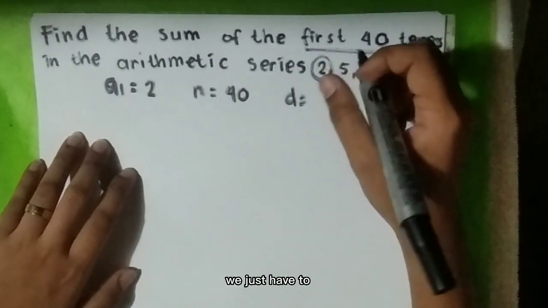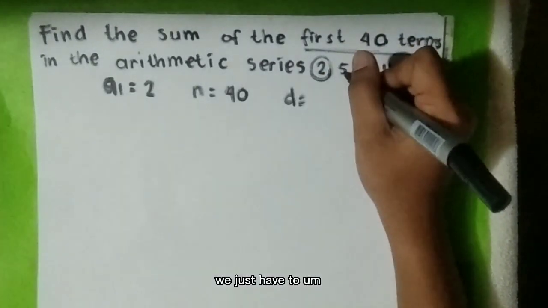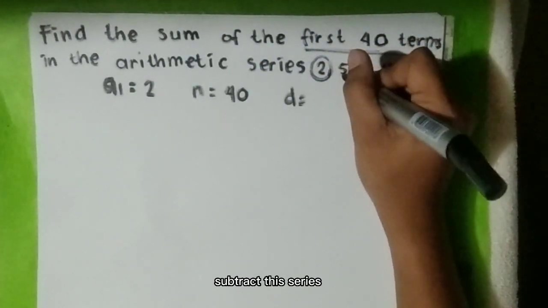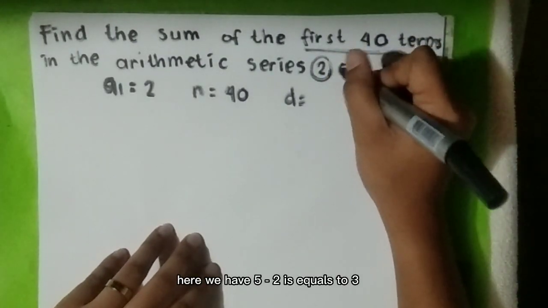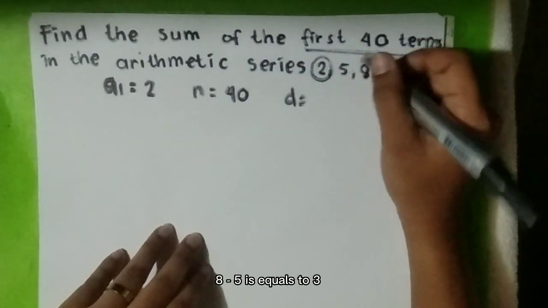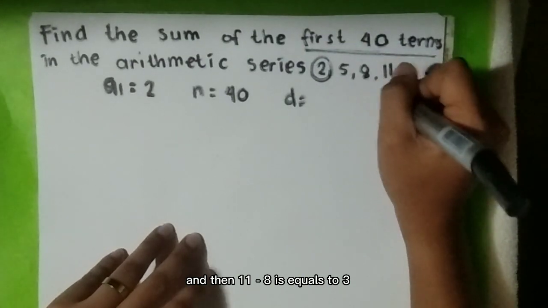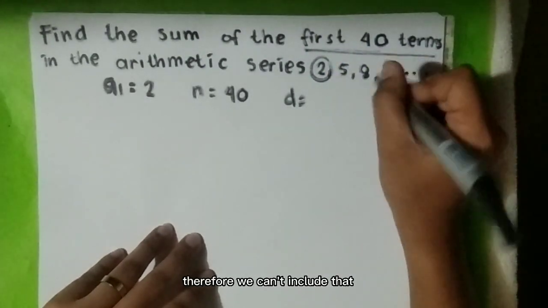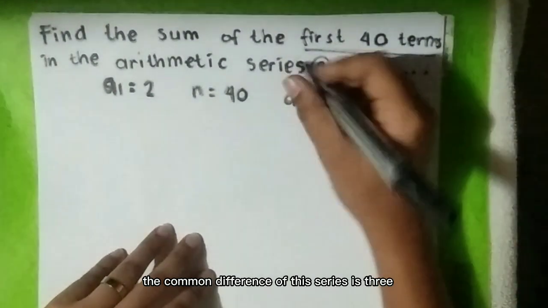We just have to subtract this series here. We have 5 minus 2 equals 3, 8 minus 5 equals 3, and then 11 minus 8 equals 3. Therefore, we can conclude that the common difference of this series is 3.